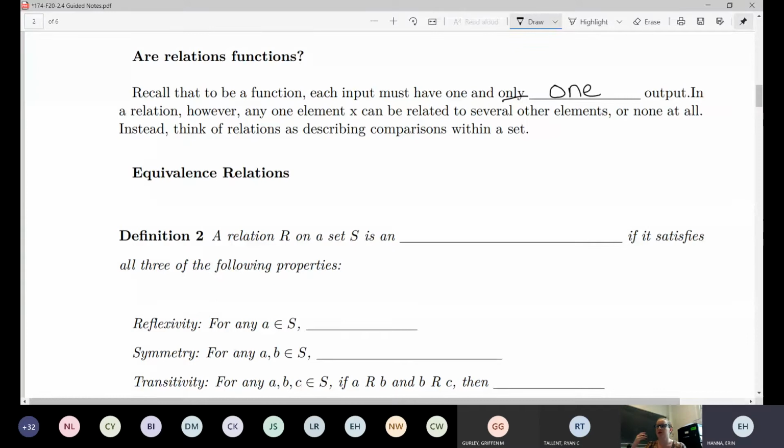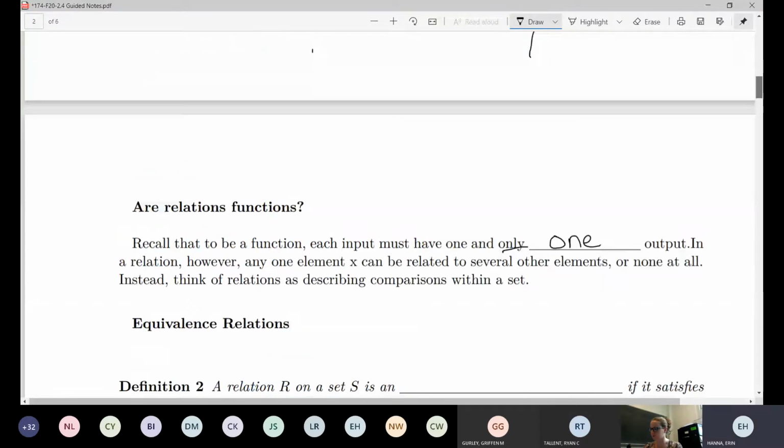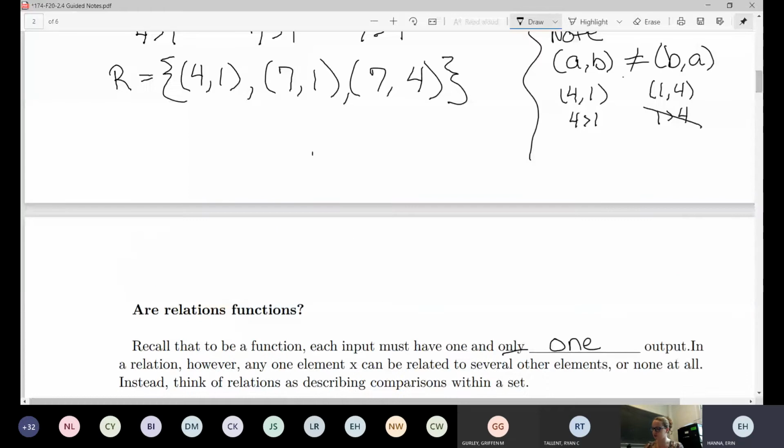In a relation, you can have an element that's related to a lot of other elements. Even in the one we just did, 7 was related to 1 and 4. So we essentially had this one input that was related to 2 different things. So relations are definitely not necessarily a function.